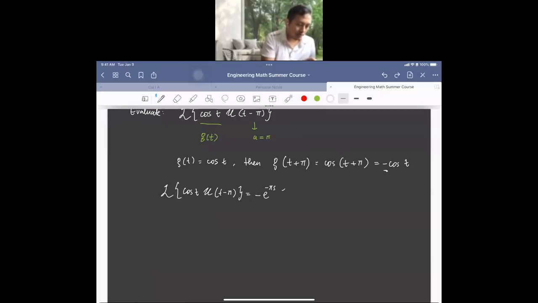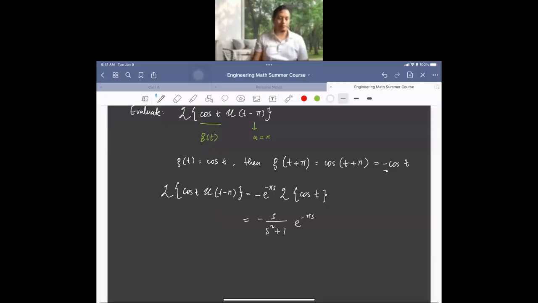And then Laplace of cosine t, and this turns out to be, cosine t is, let me write, negative s over s squared plus 1, e to the negative pi s, like that. Okay, and then finish.